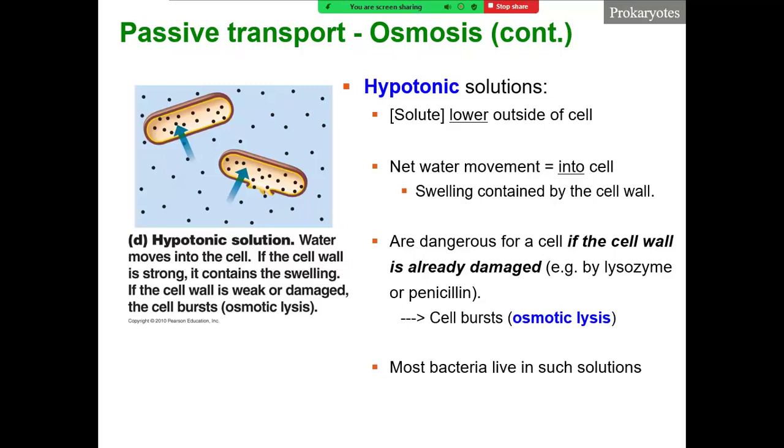That will cause the cell to swell. The cell membrane will expand until the cell membrane will pop. If the cell doesn't have a cell wall, the cell membrane will expand until it bursts.